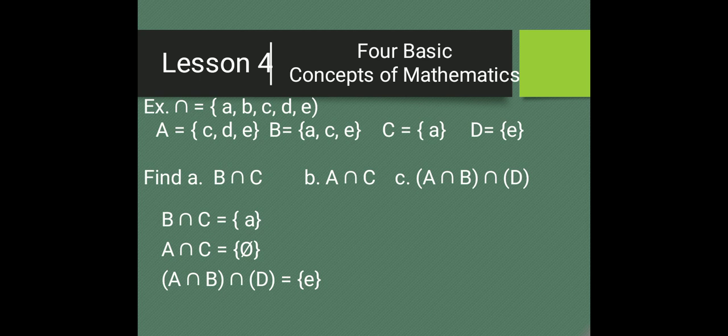Okay, ang common ni A and B is just C and E. So meaning, the intersection of A and B is just CE. Ngayon, kailangan natin siyang i-intersect sa set D, which contains the element E. So, the common elements nila ngayon is just E. So, that's the answer for the intersection of A and B and the set D. Okay?